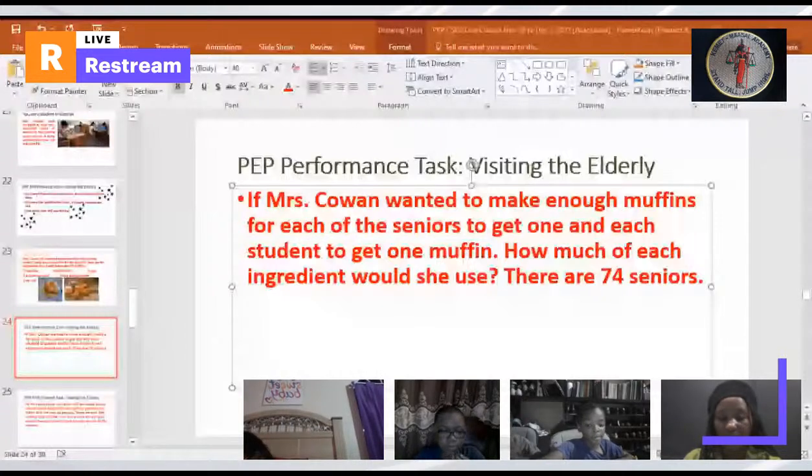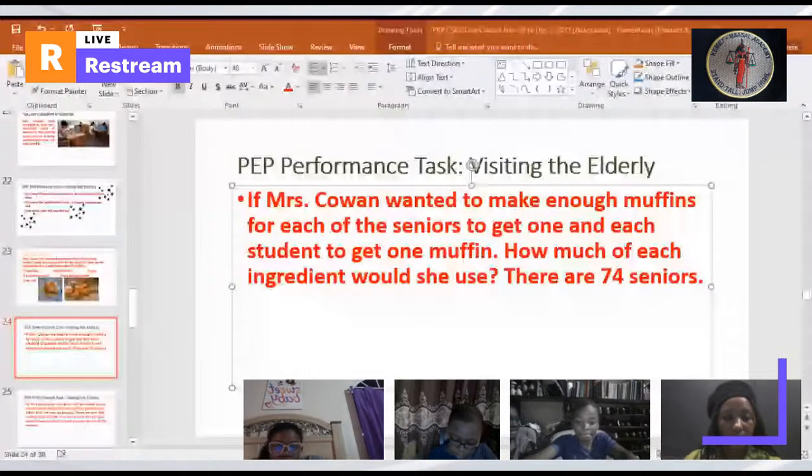Tell me why, Madison. Miss, because 25 times 4 is 100, and 26 plus 74 is 100, and the seniors are 74 and the classmates are 26. Miss, I'm in agreement.